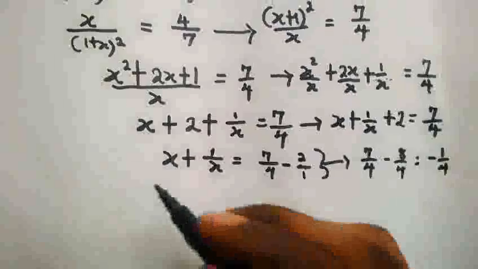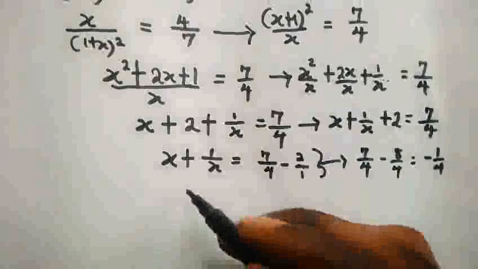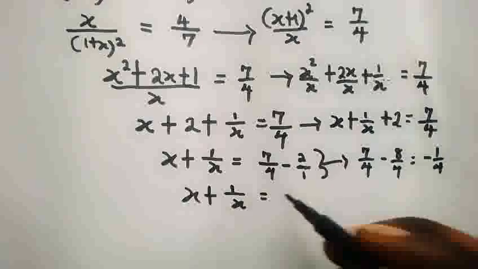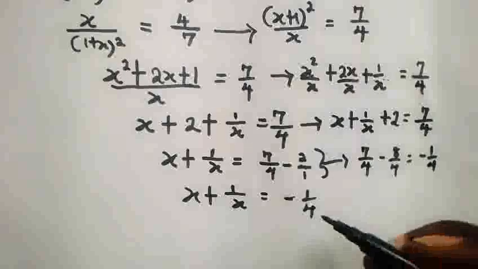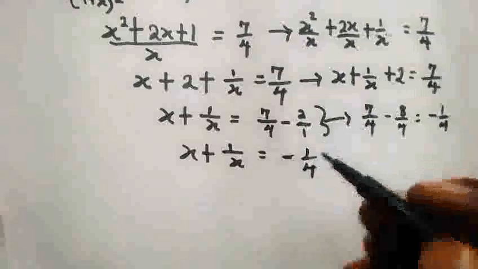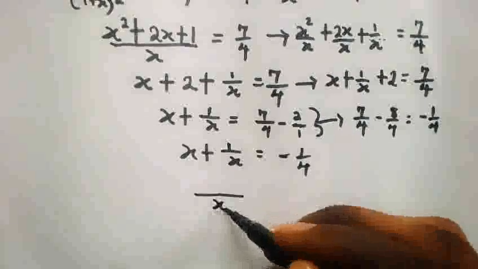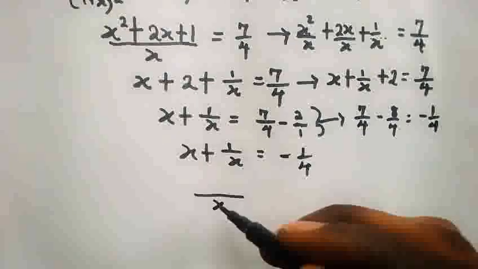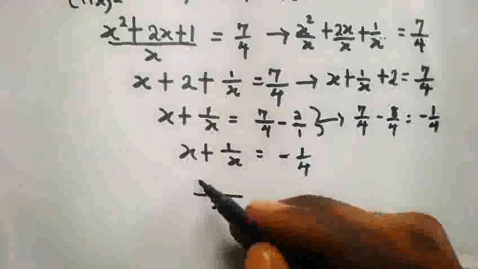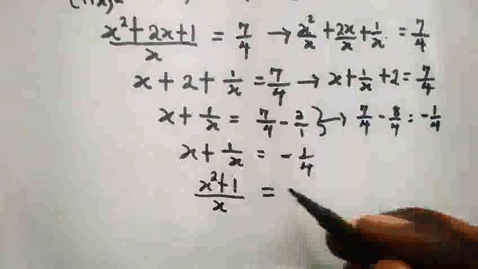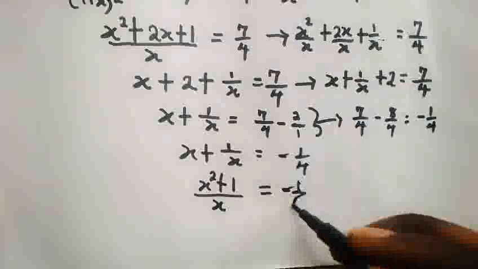So now x plus 1 all over x is equal to negative 1 all over 4. Simplifying with common denominator x, we have x raised to power 2 plus 1 all over x, and this is equal to negative 1/4.